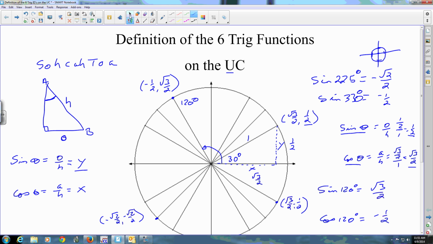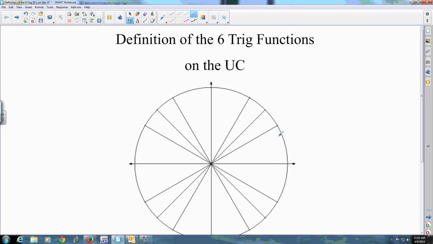Okay, so let's clear this out, and then let's look at tangent. If I draw that same triangle back, this side's 1/2, this side's square root of 3 over 2, because we're looking at 30 degrees. Tangent of an angle is your opposite over your adjacent. Your opposite side is your y value, and your adjacent side is your x value.